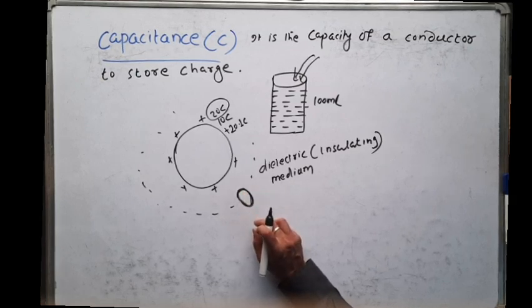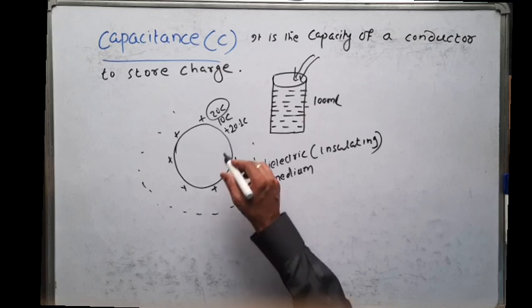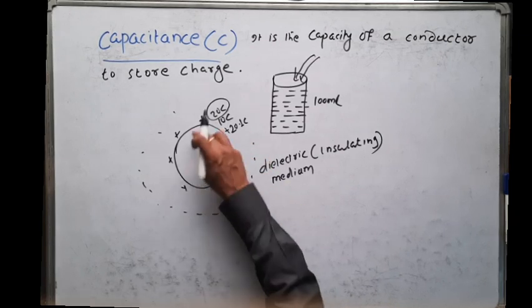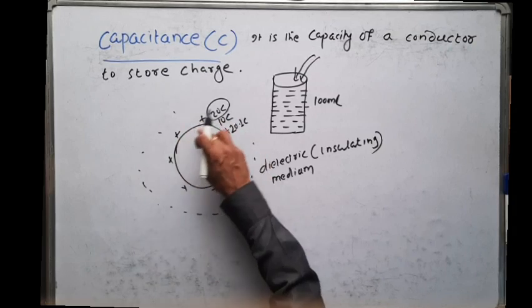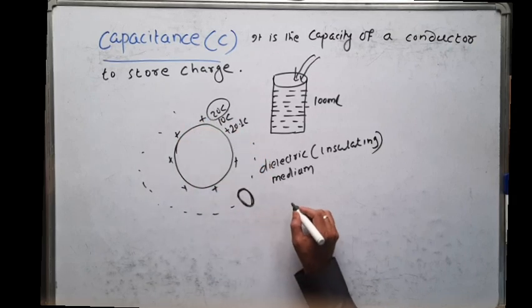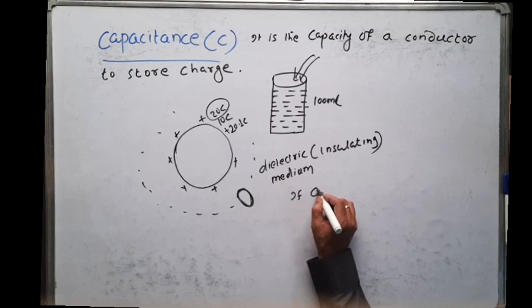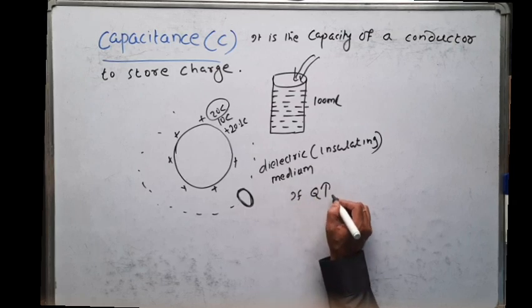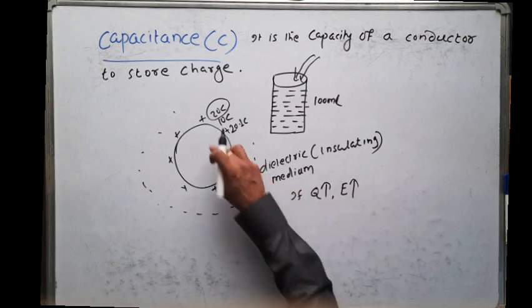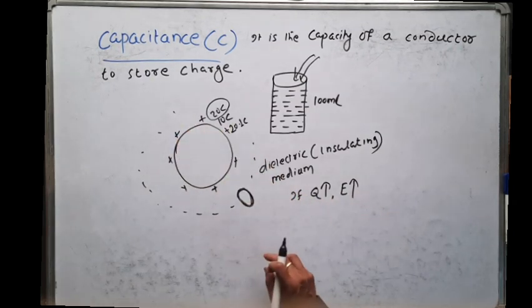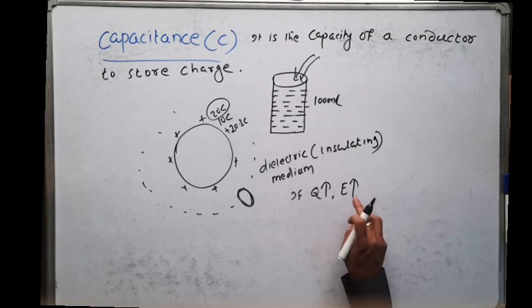Okay. So now see, if the charge stored in this conductor increases, what will happen? If the charge value increases, then the electric field strength also increases surrounding the conductor. So if the electric field intensity increases, what will happen?